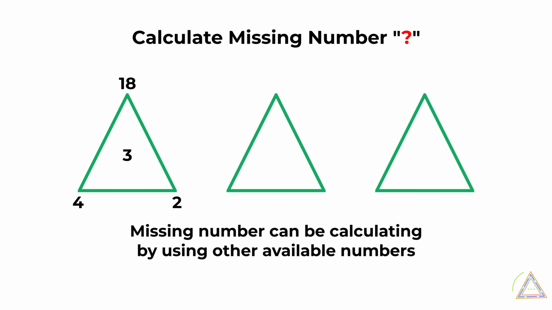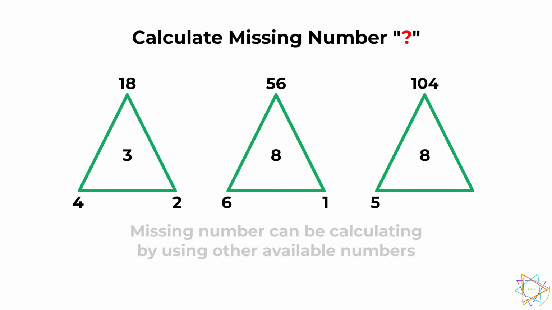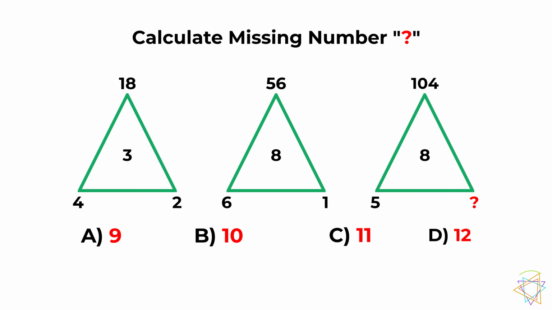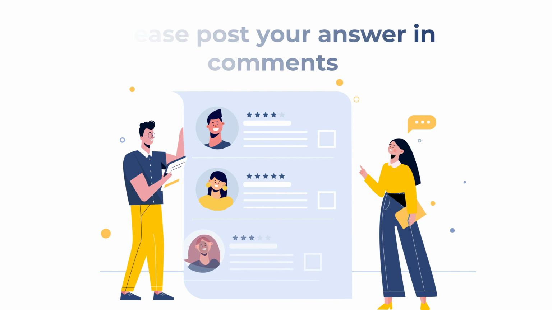Second triangle has number 56 on the top, numbers 6 and 1 at the bottom, and number 8 in the middle. Third triangle has number 104 on the top, number 8 in the middle, number 5 in the bottom left corner, and the number in the bottom right corner is missing. Your choices are 9, 10, 11, and 12.